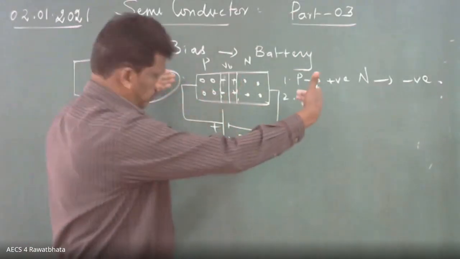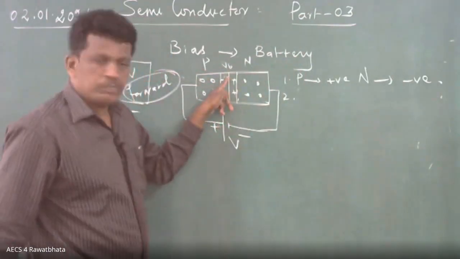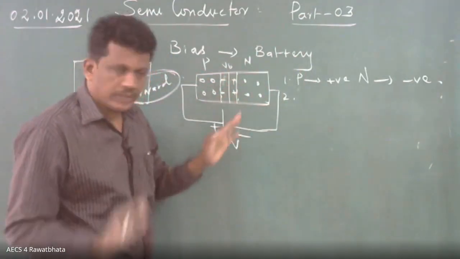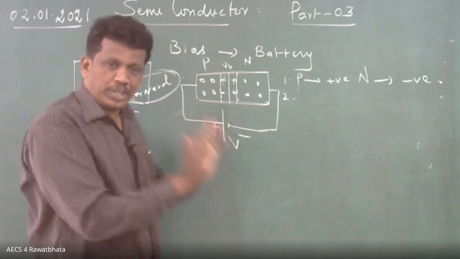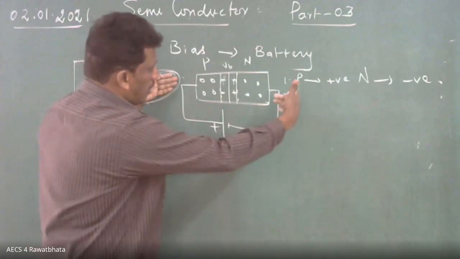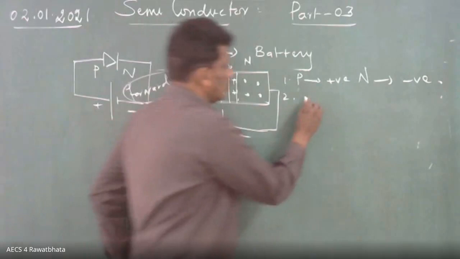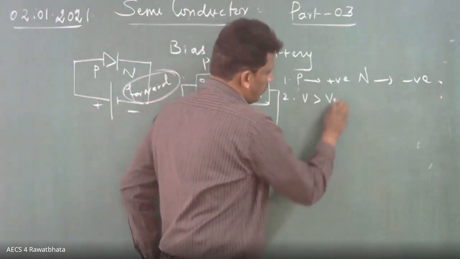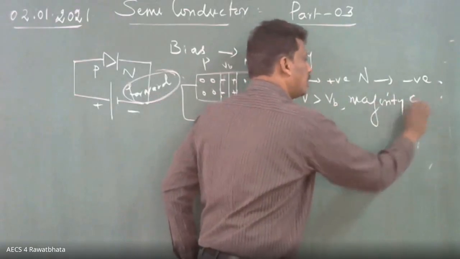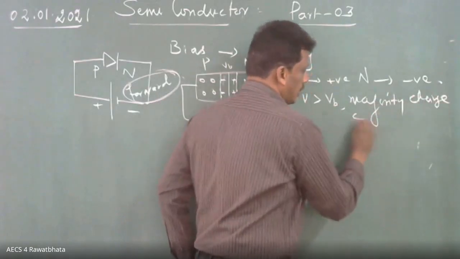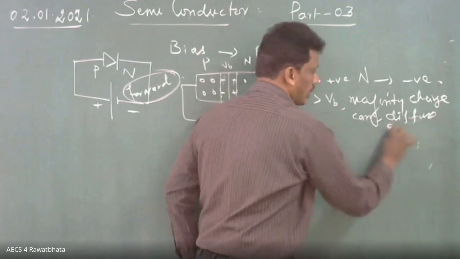So now, what will happen? They have to diffuse now. Previously, the internal potential barrier prevented that. Now, externally, you are applying a potential difference. So automatically, what will happen? The majority charge carriers diffuse. So V greater than VB, majority charge carriers diffuse again.